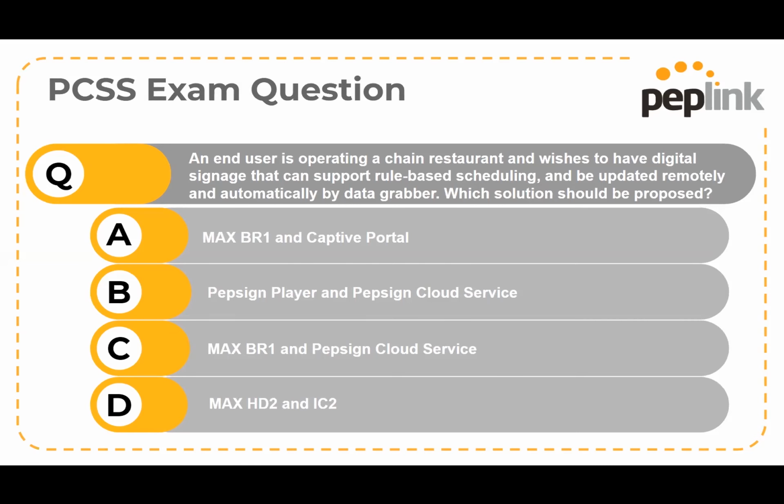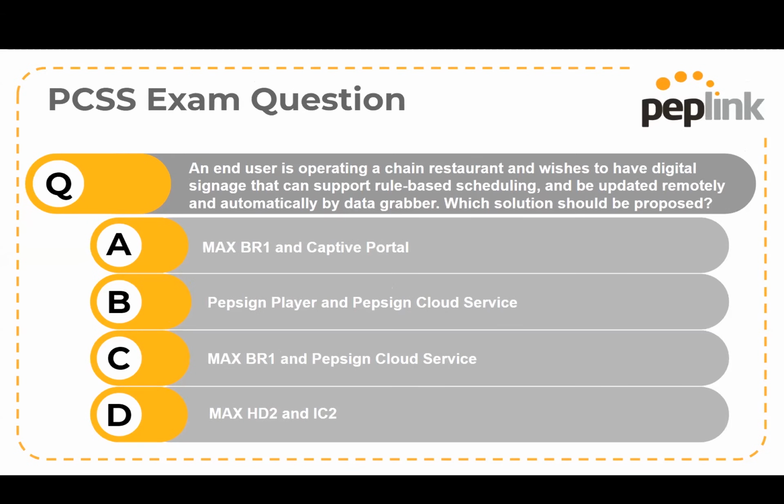Or B, a Pepsign player with Pepsign cloud service? C, is it a BR1 with Pepsign cloud service? D, is it provided by HD2 with our SD-WAN controller IC2? I'll give you 5 seconds. 5, 4, 3, 2, and 1.